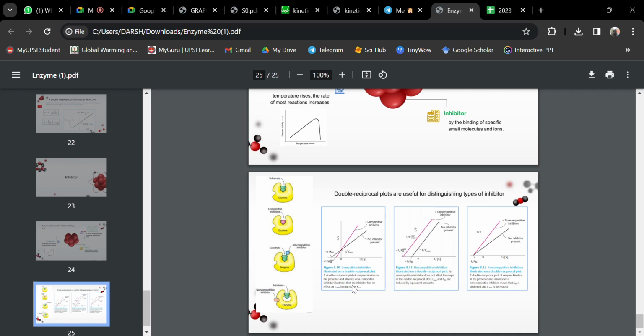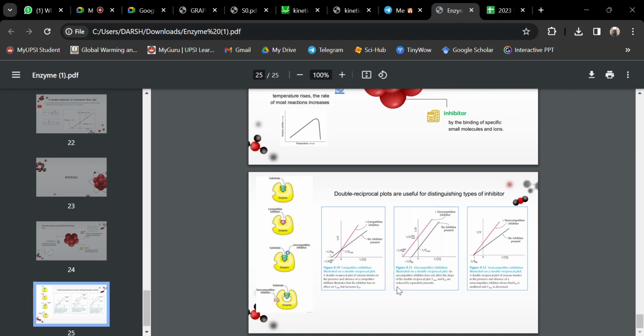Uncompetitive inhibitor tu maksudnya dia tak compete dengan substrate. But what it does is actually change the whole enzyme tu kepada bentuk lain so that substrate cannot bind to the enzyme. Dia macam seolah-olah you sabotage lah. Sabotage active site of the enzyme.